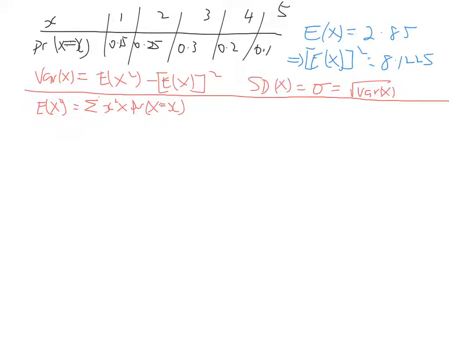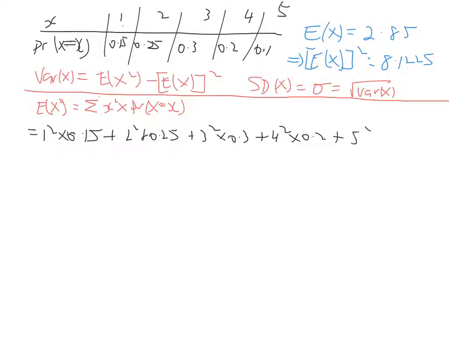So based on that, we have the first value, so it'll be 1 squared times 0.15, plus 2 squared times 0.25, plus 3 squared times 0.3, plus 4 squared times 0.2, plus 5 squared times 0.1.